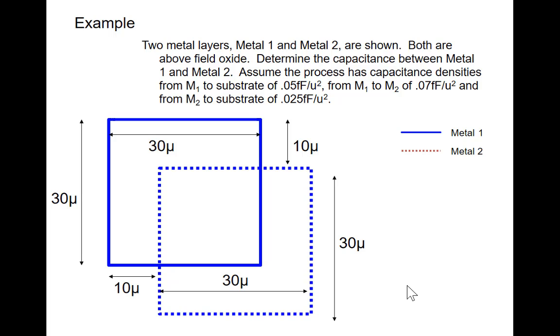Is that clear? Yes? Can you define capacitance density in maybe a different way? Capacitance density is capacitance per unit area. So the way you almost always make a capacitor is you take two conducting plates and you separate them by an insulator.